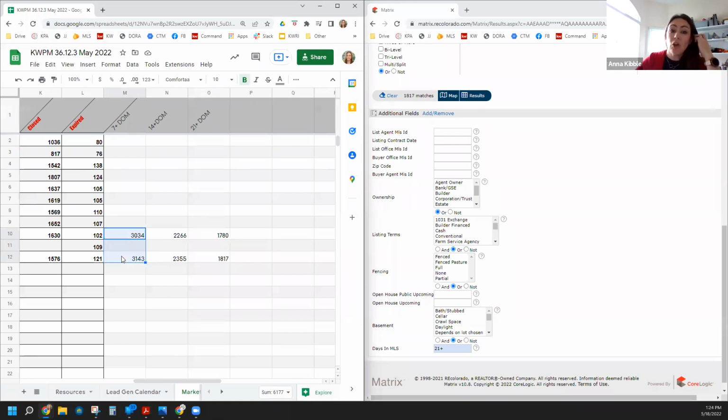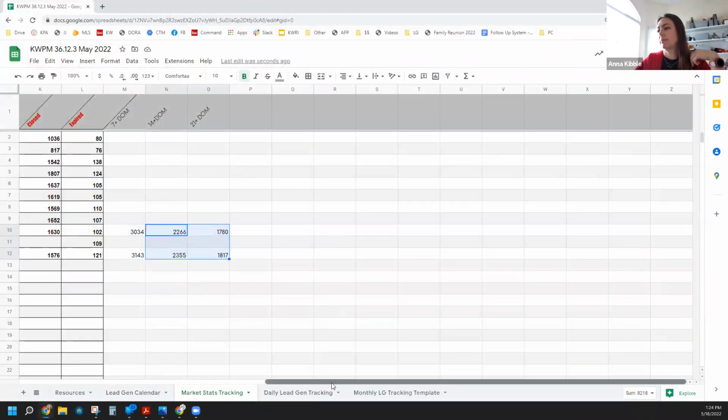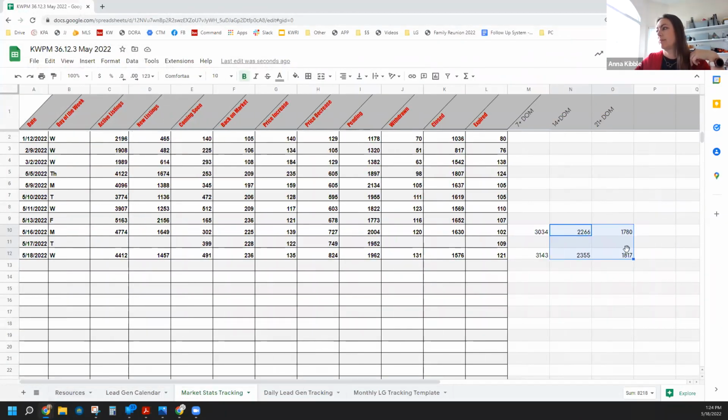So it's some of the new properties that have come on the market that are seeing those price reductions more so probably than these ones. But we're not seeing a really big jump in listings on the market 21 and 14+ days. Not a big jump. So we can continue taking a look at those pieces too.